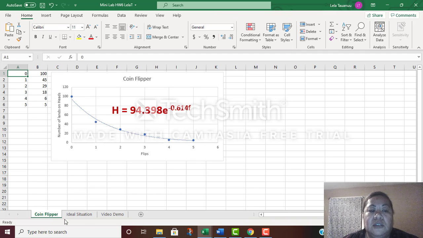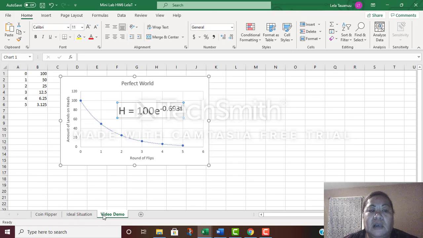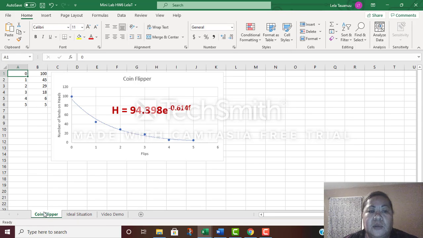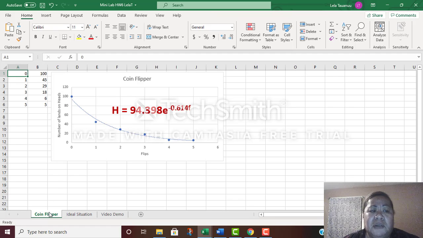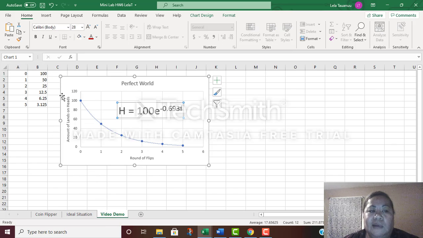So comparing the two equations that we got from the actual coin flipper and the perfect world, it looks like they both caught up about round maybe 3, 4. Round 3 through the coin flipper was 18. Through the perfect world was about 12.